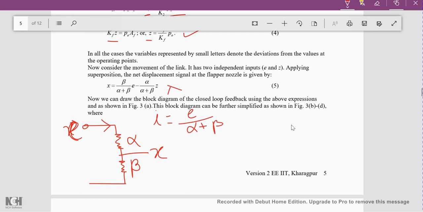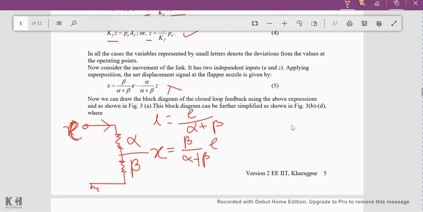And if you want to obtain the X voltage, that is voltage X with respect to this other terminal, that X will be equal to beta times the current I. So when I substitute that, finally X will be equal to beta divided by alpha plus beta times E. So this is for this particular case.